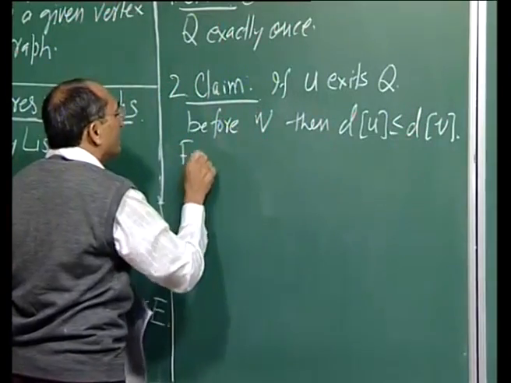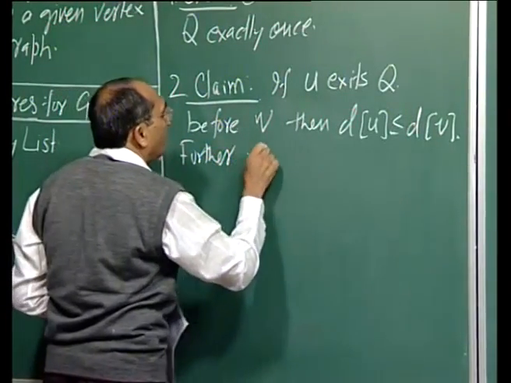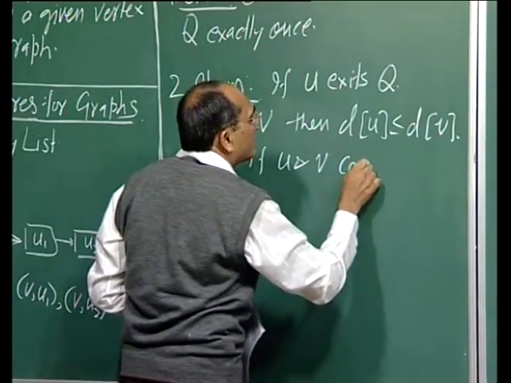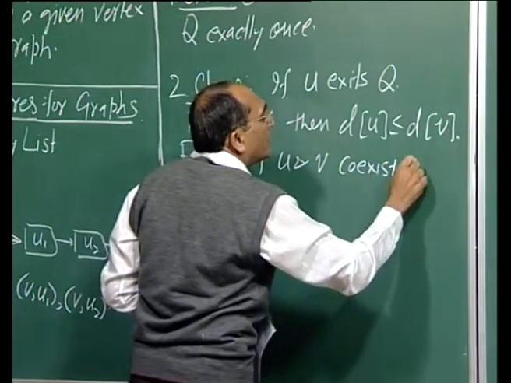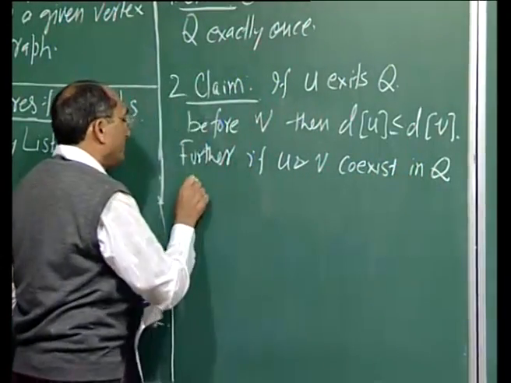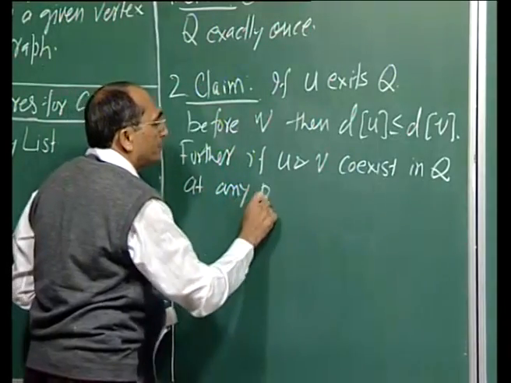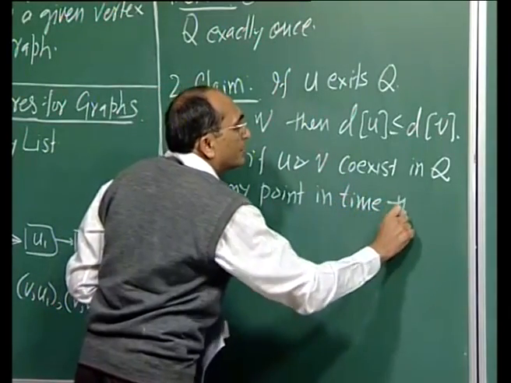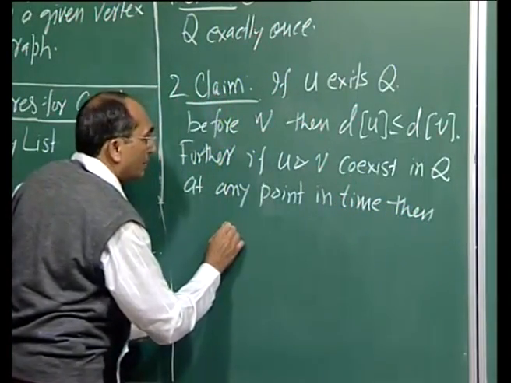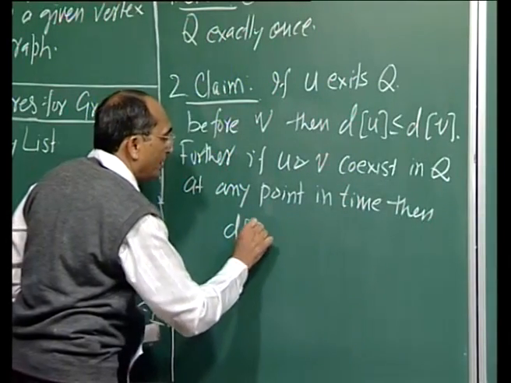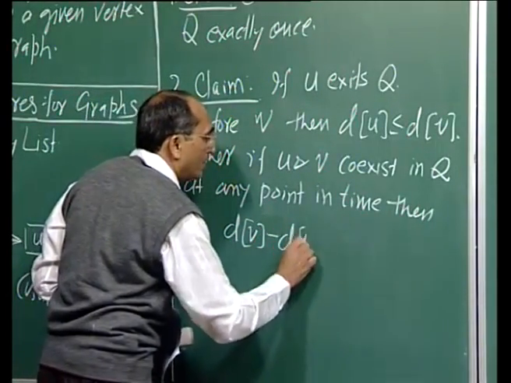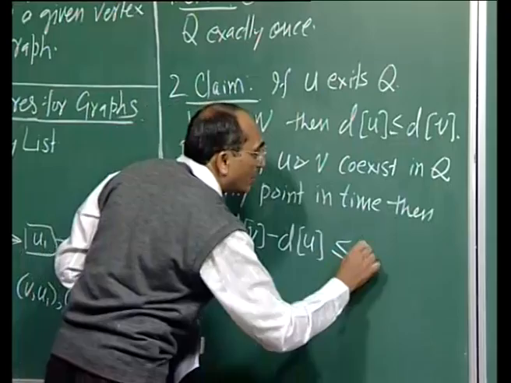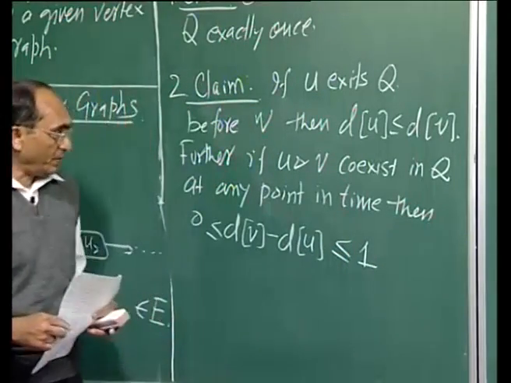Further, if U and V coexist in Q at any point in time, then d of V minus d of U, which we know is greater than or equal to 0, is not greater than 1.